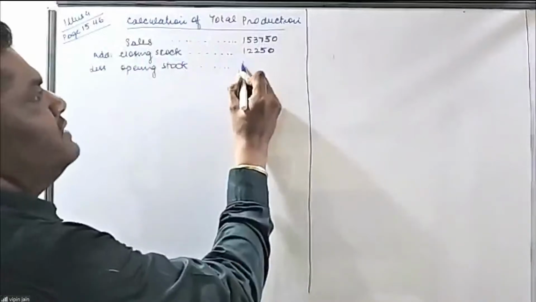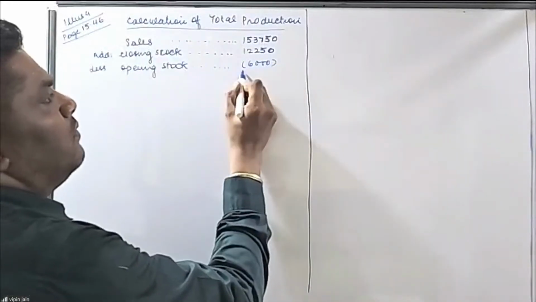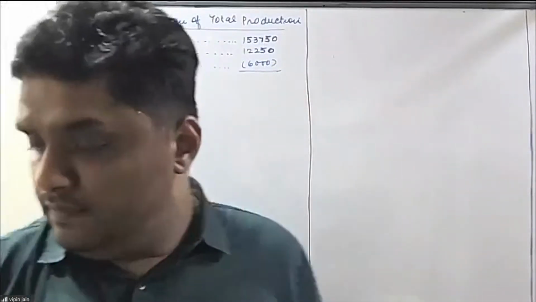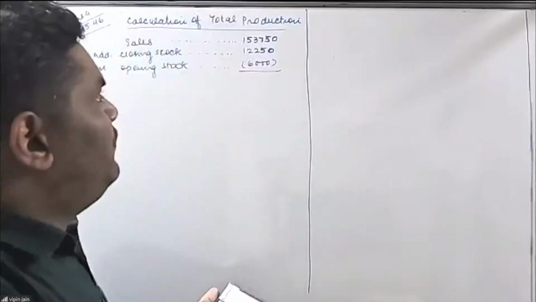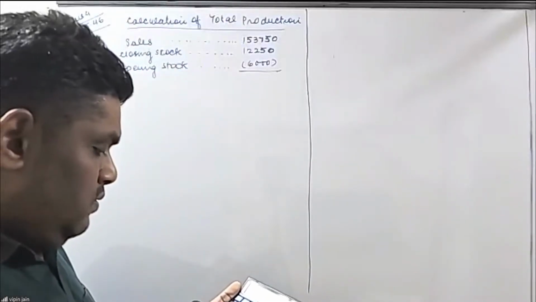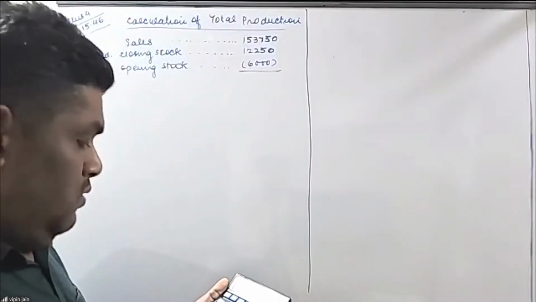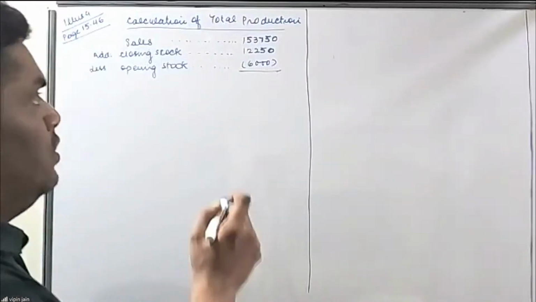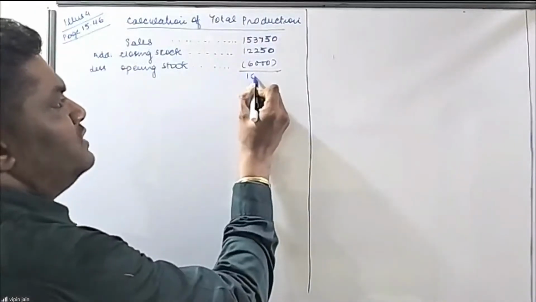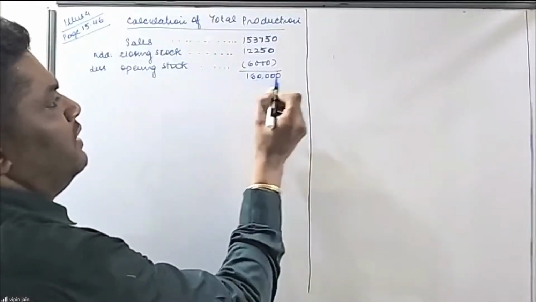And opening stock is 6,000. So 153,750 plus 12,250 less 6,000. So we have got the annual production, that is 1,60,000 units.